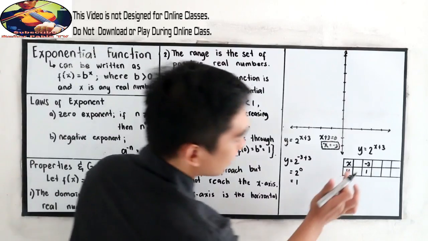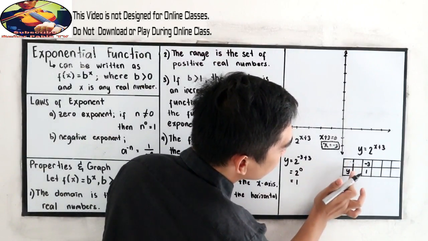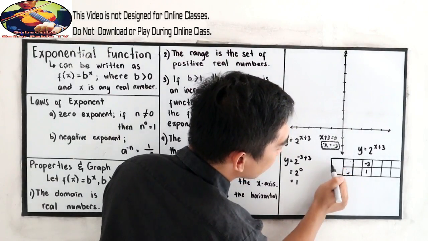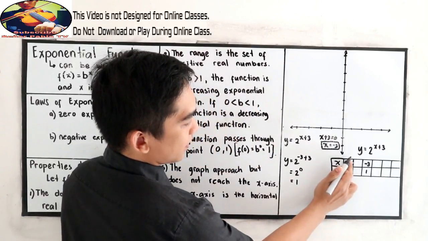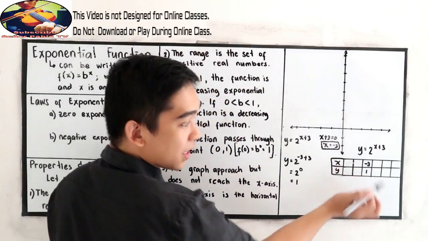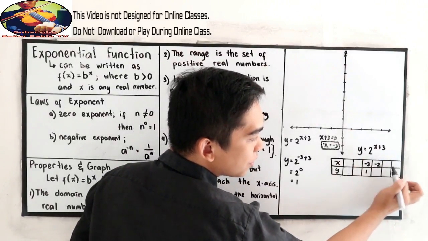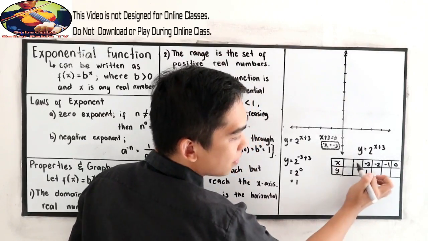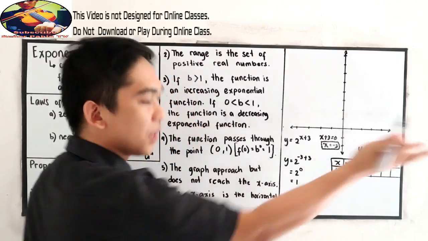Next, let us extend one more. X and y. Since we have negative 3, on the right side of negative 3 we have negative 2, negative 1, then 0. Then we have negative 4, negative 5, or we can continue if you want.